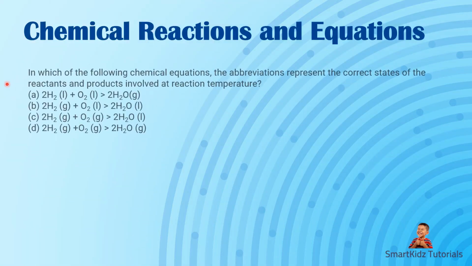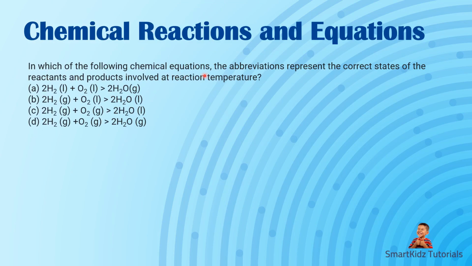The first question: in which of the following chemical equations do the abbreviations represent the correct states of the reactants and products involved at reaction temperature? What it's asking you is to check whether these abbreviations L and G are associated with these particular elements.